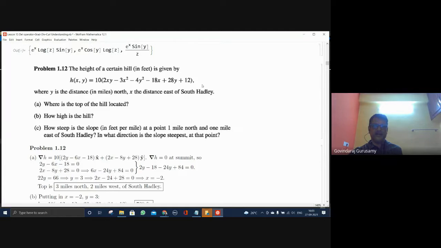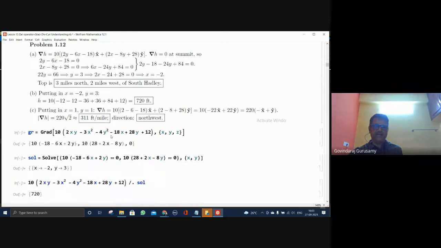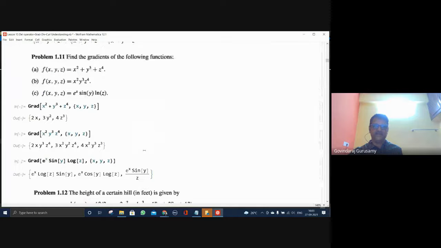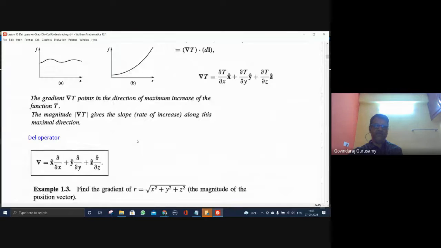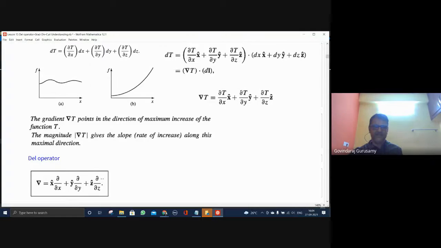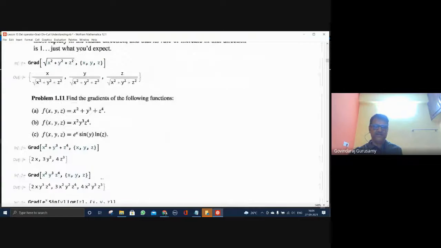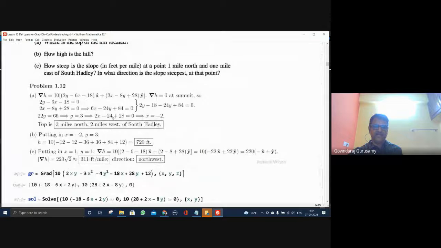From the landscaping, you can find out which point has a maximum slope, what direction, what height, all are available. That's the power of this mathematical function. Such a wonderful operator that we have. It's a vector quantity, and this is purely landscaping and understanding the landscaping.